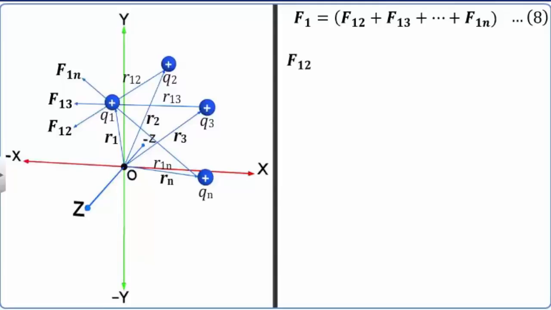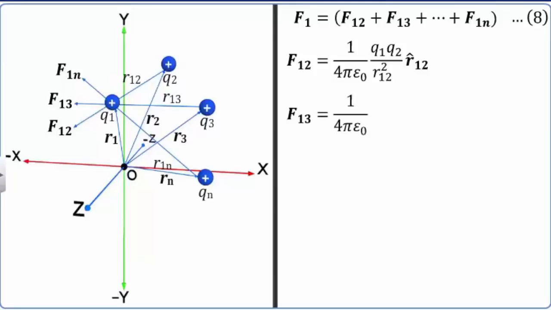F12 is the force on the charge Q1 due to Q2 and is equal to 1 by 4 pi epsilon naught into Q1 Q2 by R12 square into R12 cap. R12 is the distance between Q1 and Q2, and R12 cap is the unit vector in the direction of the force F12. F13 is the force on the charge Q1 due to Q3 and is equal to 1 by 4 pi epsilon naught into Q1 Q3 by R13 square into R13 cap.